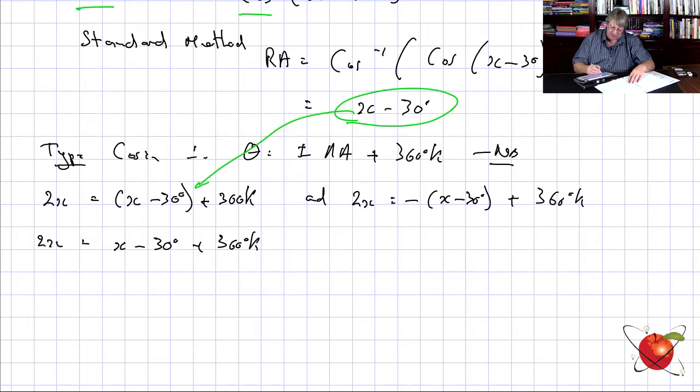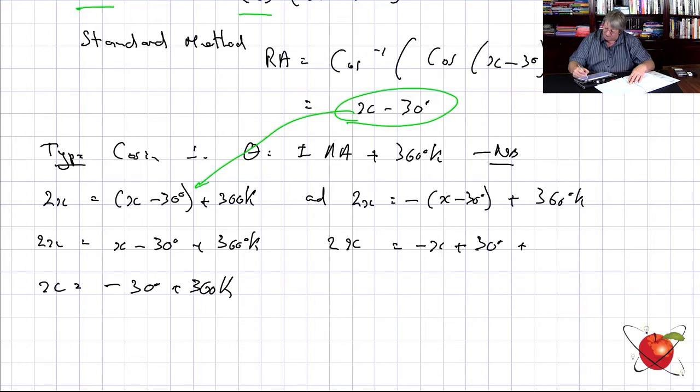Now let's simplify. 2x is equal to x minus 30 degrees plus 360 degrees k. I take this x across to the other side and it becomes a minus, and I end up with x is minus 30 degrees plus 360k. Correct? What about here? 2x is equal to minus x plus 30 degrees plus 360k.